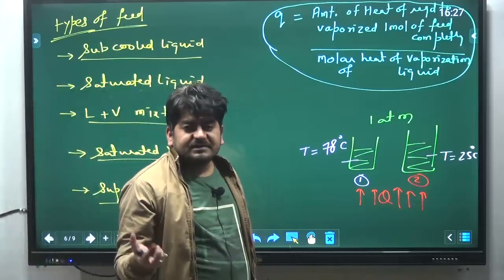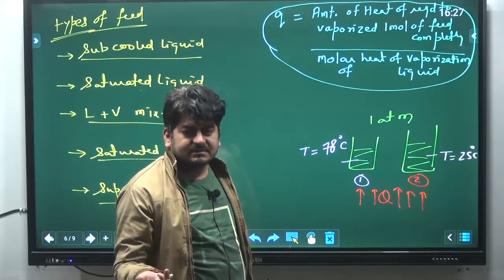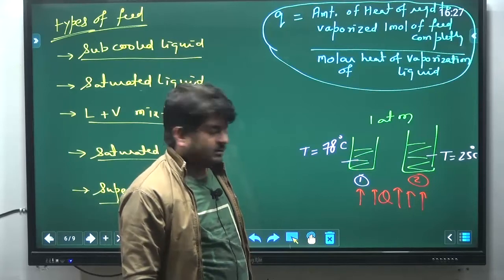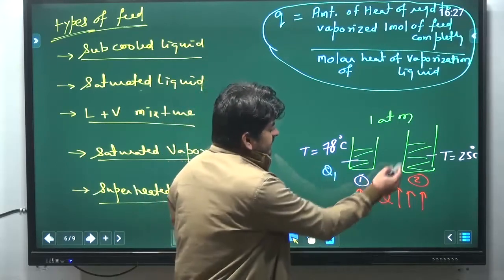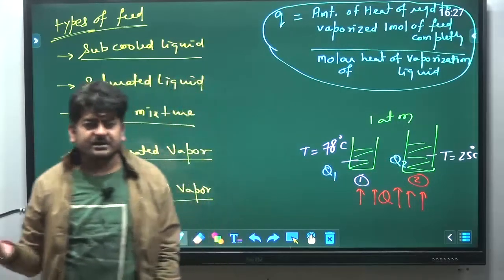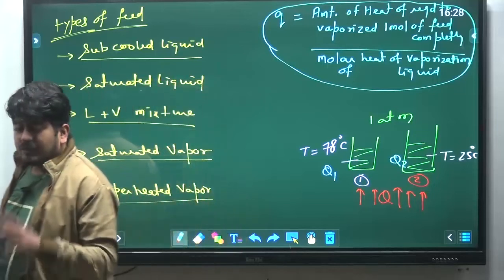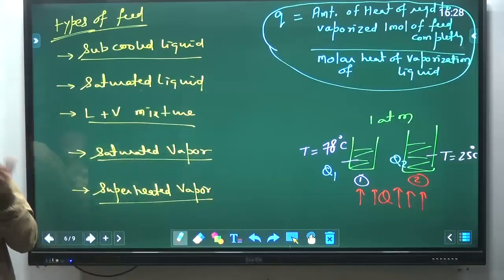So if I ask you the amount of heat required to vaporize the liquid, here it is Q1, here it is Q2. Which one will be more? Q1 greater than Q2, or Q2 greater than Q1? I want to convert this liquid into vapor completely.